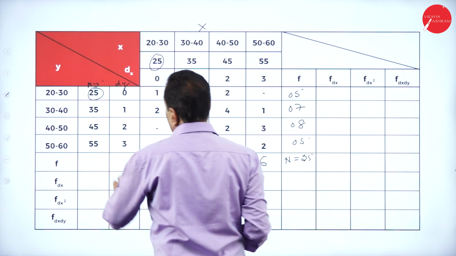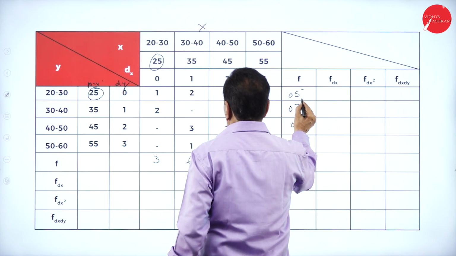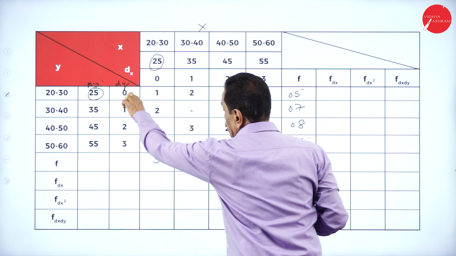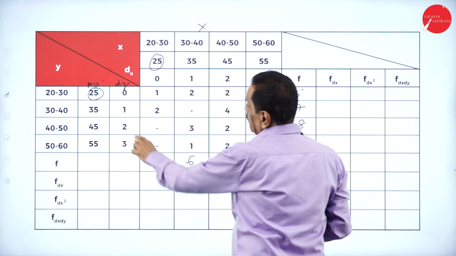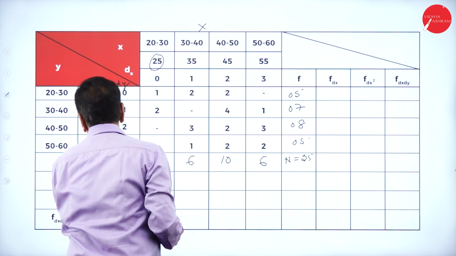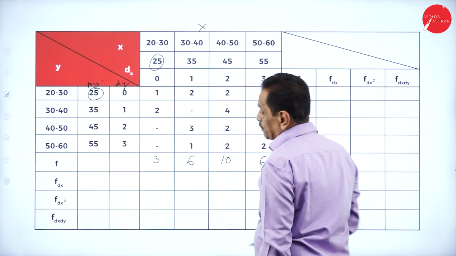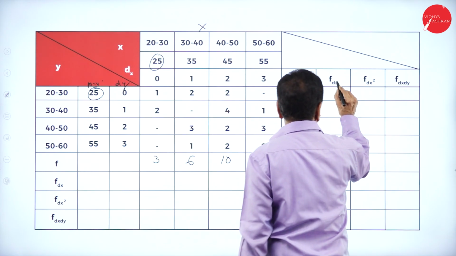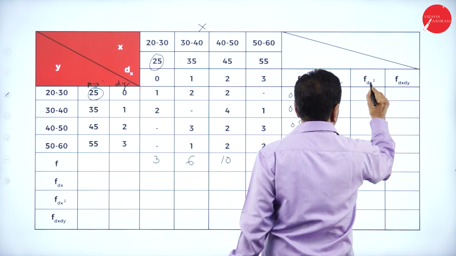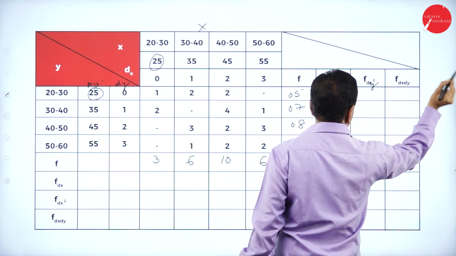What is next? This is the deviation of Y, the deviation of X is there, and this is f dy, f dy square, f dx dy.